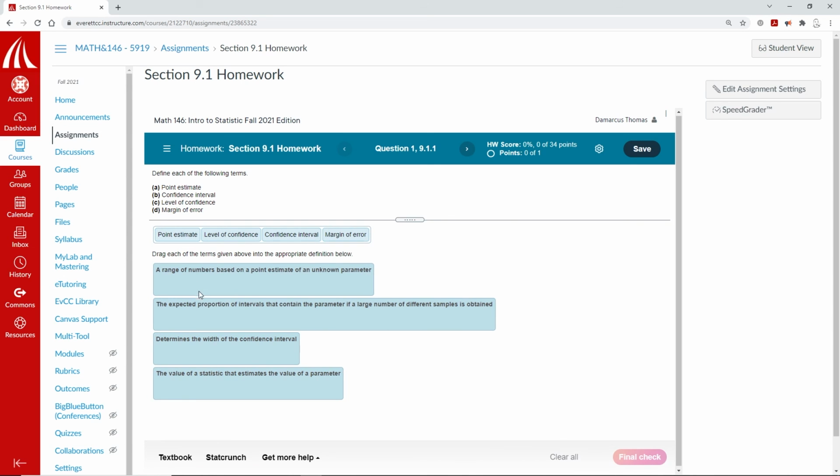It looks like you have to kind of mix and match and figure out what each one might mean, like the margin of error will determine that. Point estimate. I always have trouble matching those up the way they're supposed to be. There you go. All right, let's move on.